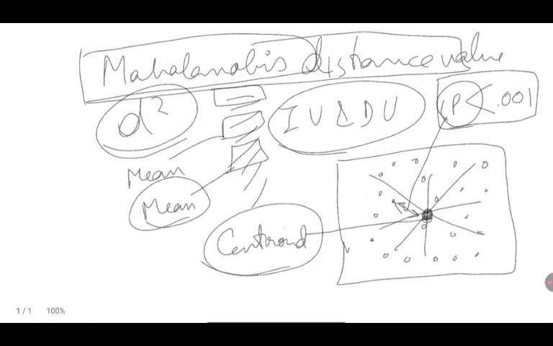So if the p-value is less than 0.001, we say that observation or that respondent might be an outlier, right? And we need to check that respondent's answers on our survey questionnaire and decide to eliminate that respondent from our survey because it seems to be an outlier.